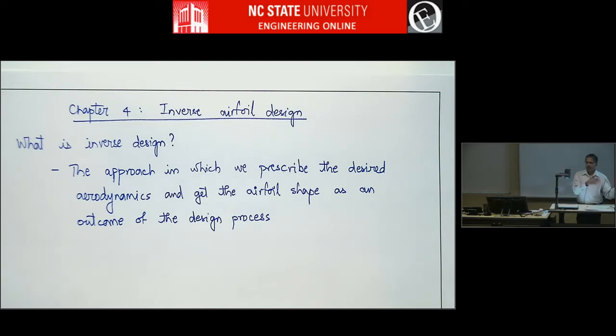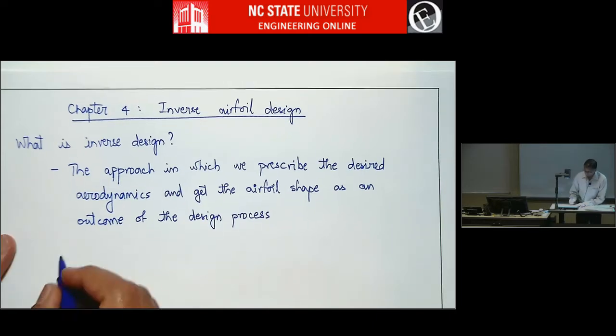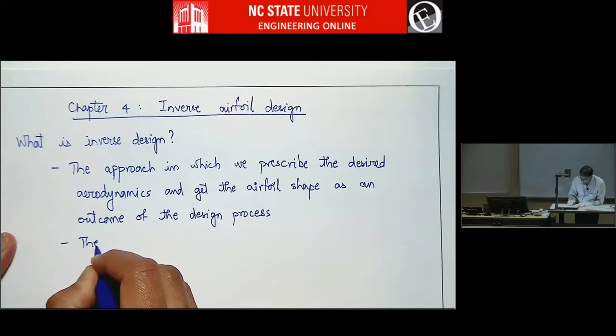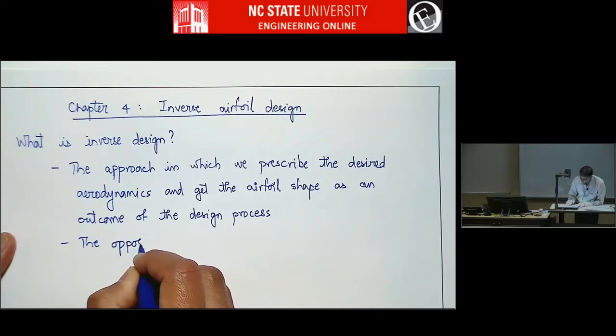And then you keep on changing the airfoil geometry to see whether you get closer to the desired aerodynamic performance. That is often tedious, although there was a lot of progress in that. The opposite of this is direct.